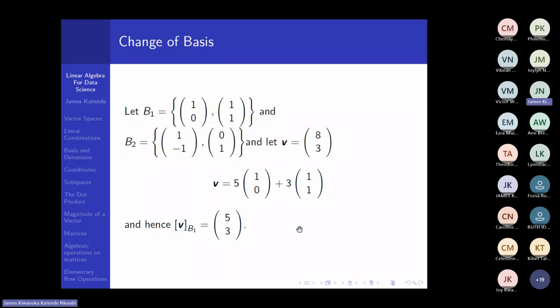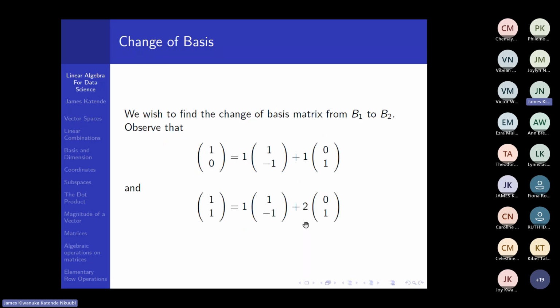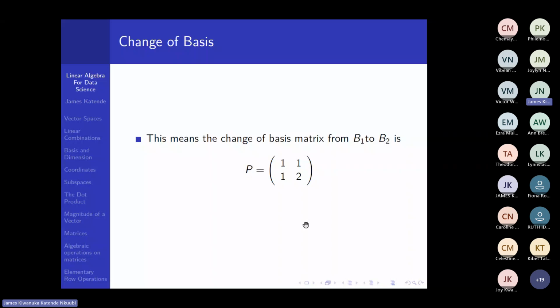So we're going to multiply the change of basis matrix by this first set of coordinates to give us the coordinates we are looking for with respect to the second basis B2. Our matrix, we called it P. I've avoided the fancy notation. You can put notation to show that you are shifting from B1 to B2, but I've left it out.